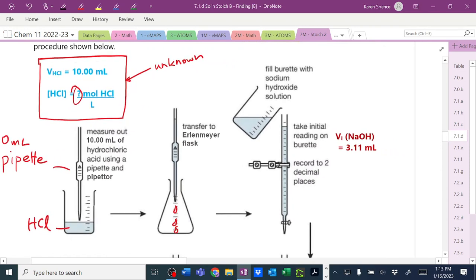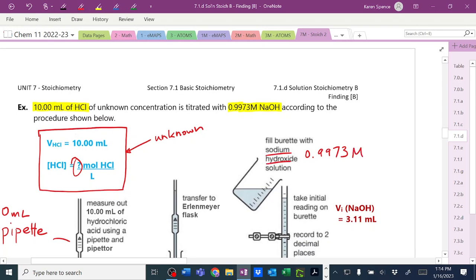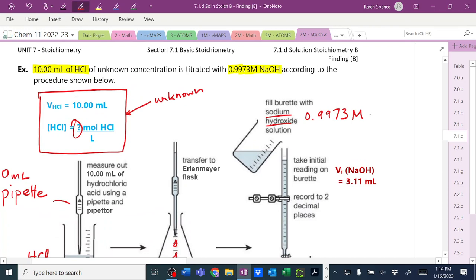Next, we're going to have our burette, and we're going to fill it with the sodium hydroxide solution. We know that the sodium hydroxide is 0.9973 molar sodium hydroxide. This is our known substance because we know its concentration. If you remember, on our burette, we read and say, how much does it start at?